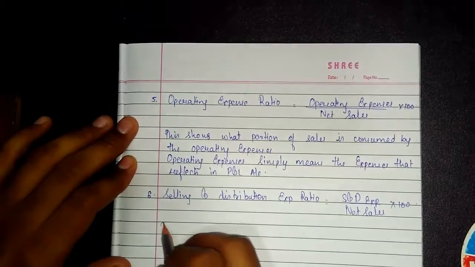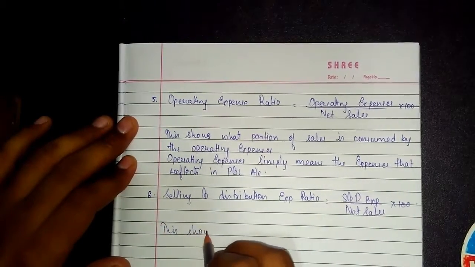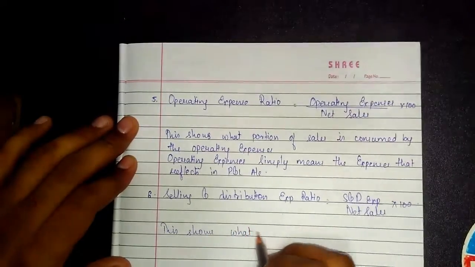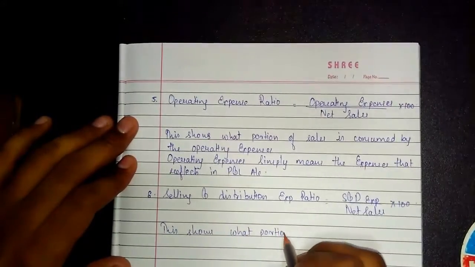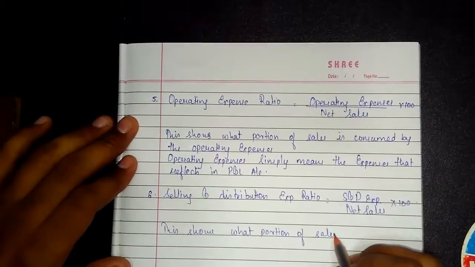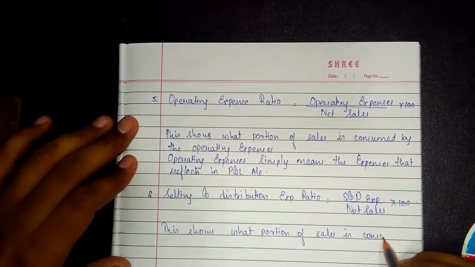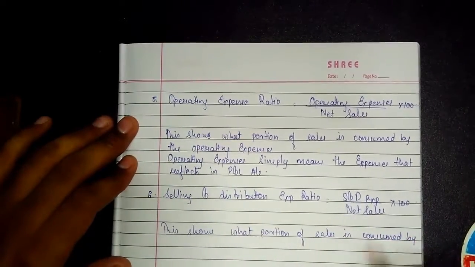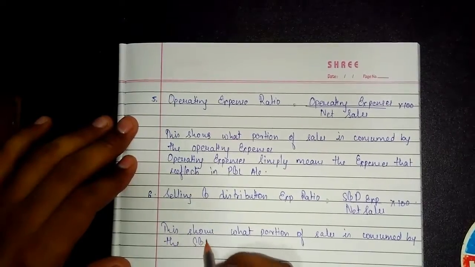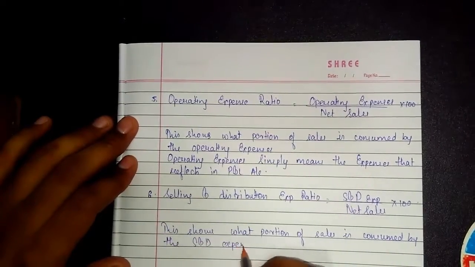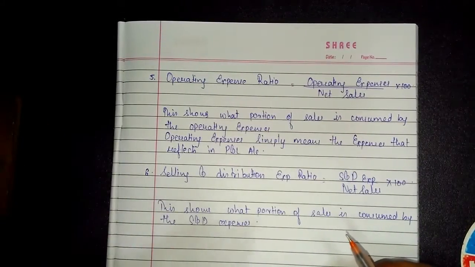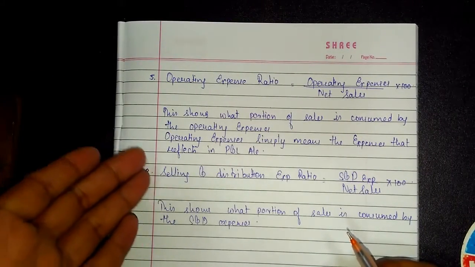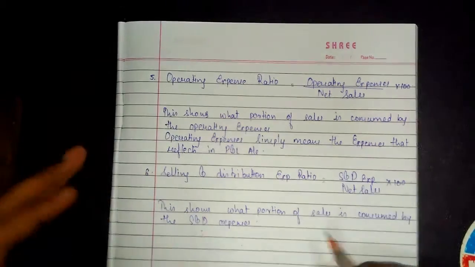Again, this shows what portion of sales is consumed by the selling and distribution expenses. So you might come to know how much the company spends on its selling and distribution expenses as compared to its net sales.